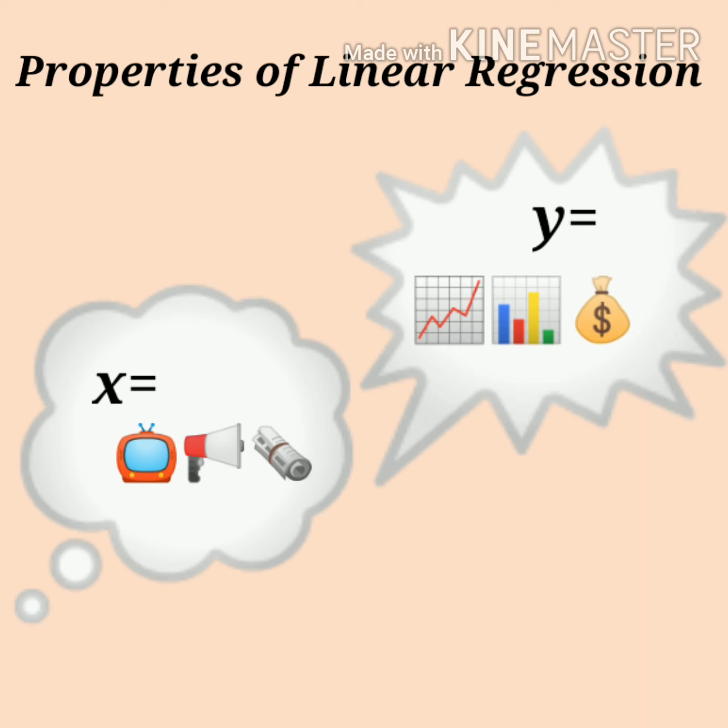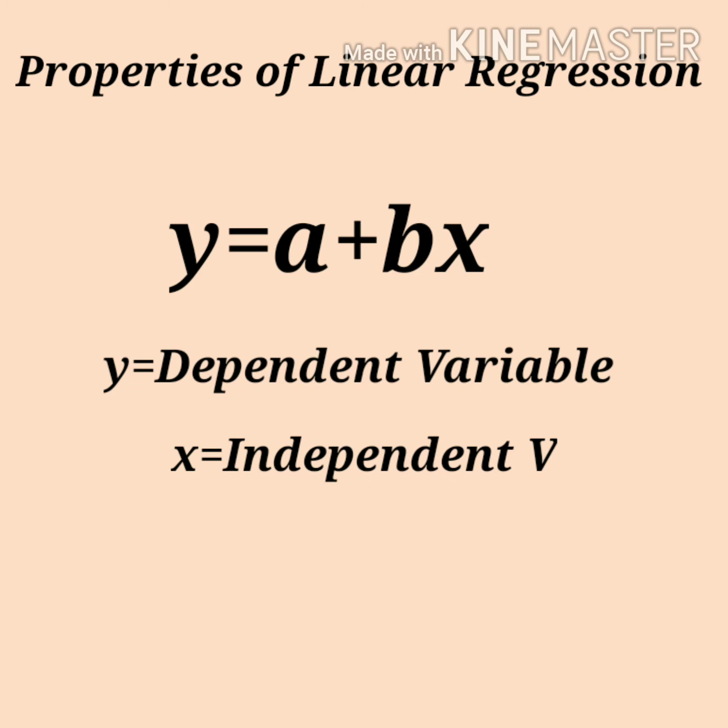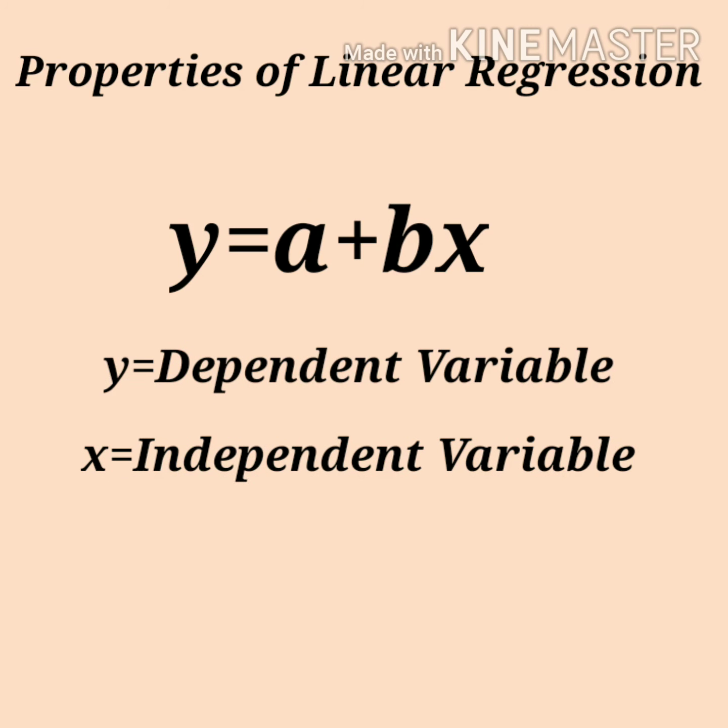So by regression analysis, we will predict the average value of one variable for a specified value of the other variable. And that estimation is done by means of suitable equations derived on the basis of available bivariate data. Bivariate data means there are two variables or two kinds of data. One is x, another is y, we can assume.